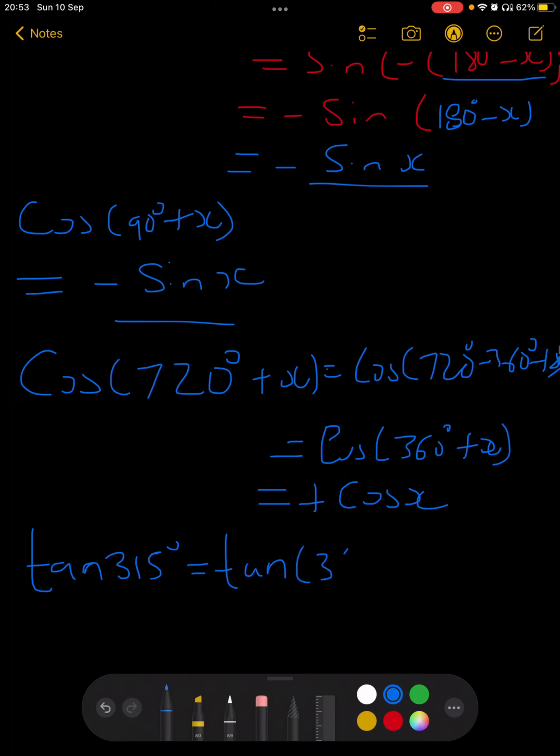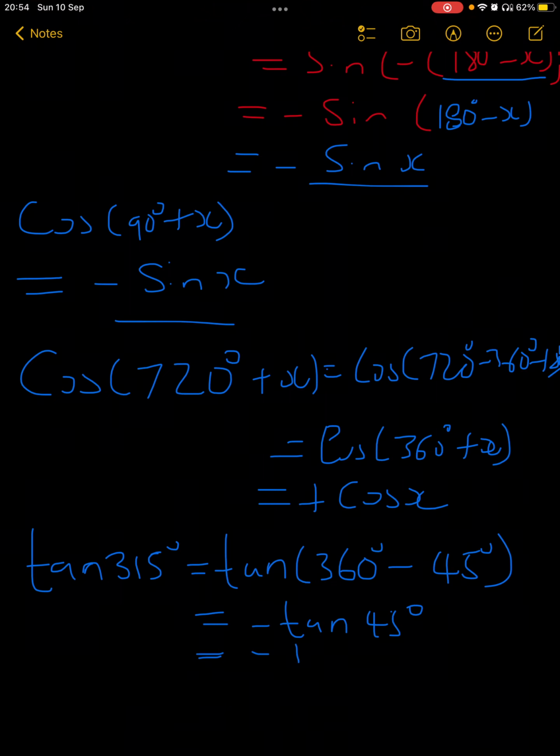Tan of 360 minus 45, and we get negative tan 45 because it's not the home of tan, it's the home of cos. So tan is negative in there, and that gives us equals to negative 1. Now we have everything from our toolbox.